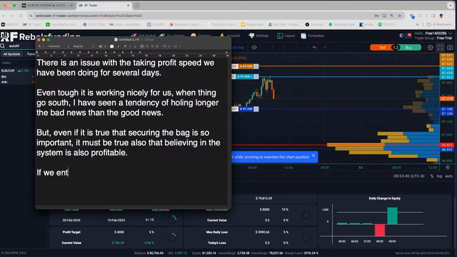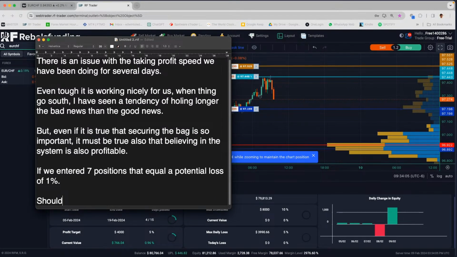If we entered 7 positions that equal a potential loss of 1%, shouldn't we shoot for 1% at least?